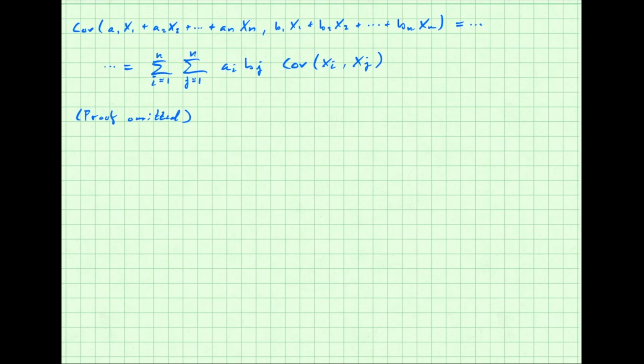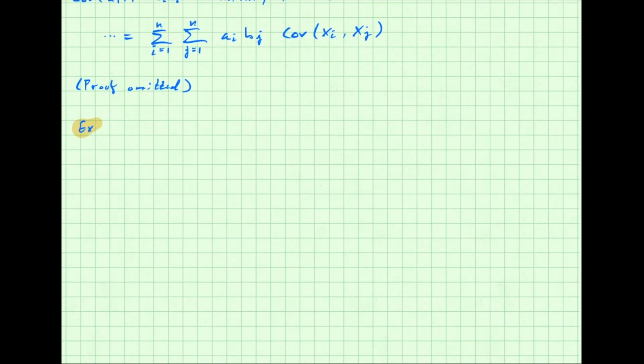Okay, so let's try a little example, see how you can actually use this thing for a simple case. All right, so let's say we use those same x and y from the previous examples, from the last two lectures.